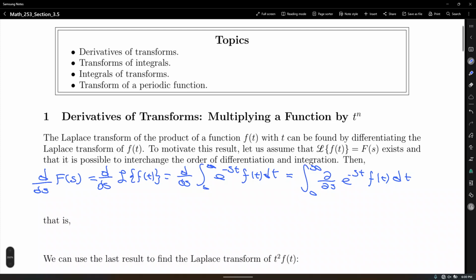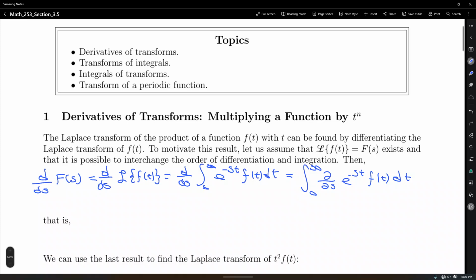What I did here is what we usually call differentiation under the integral sign. That's a process you get to see in upper levels of mathematics. It's called the Leibniz rule of differentiation under the integral sign. And this differentiation becomes a partial differentiation because we have two variables.